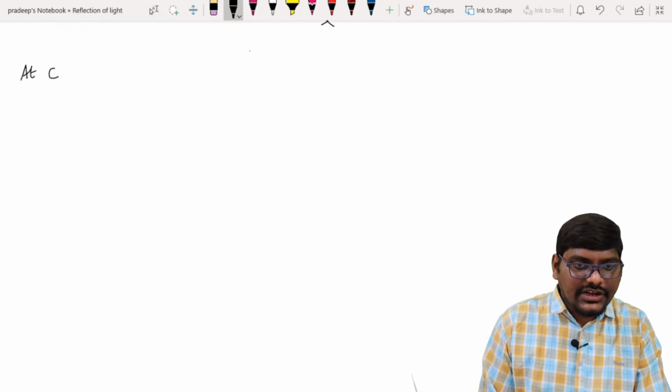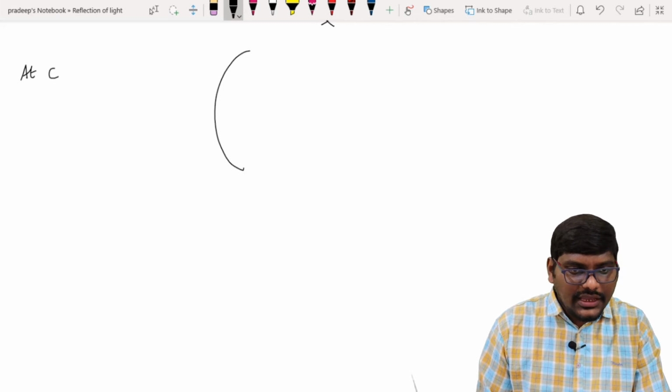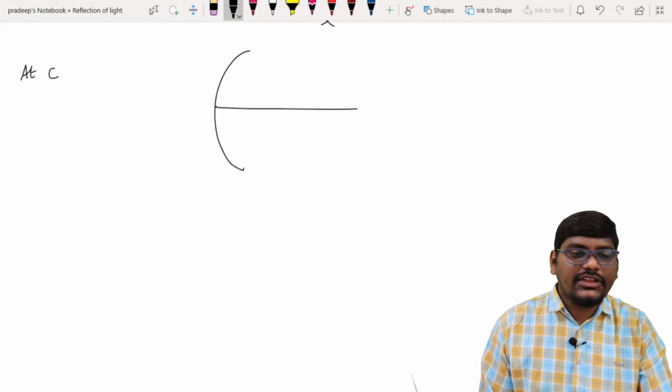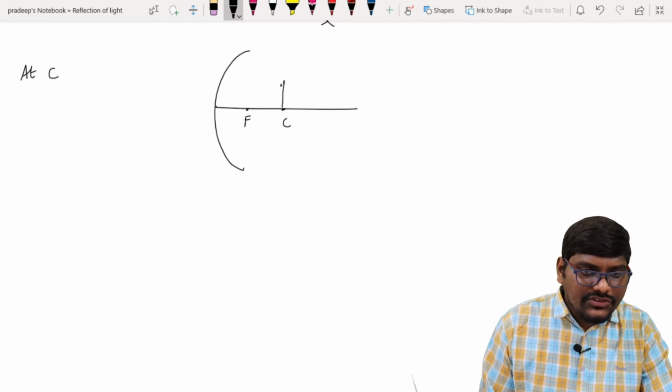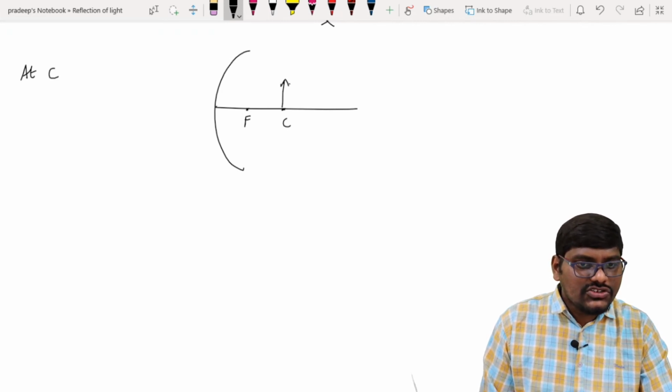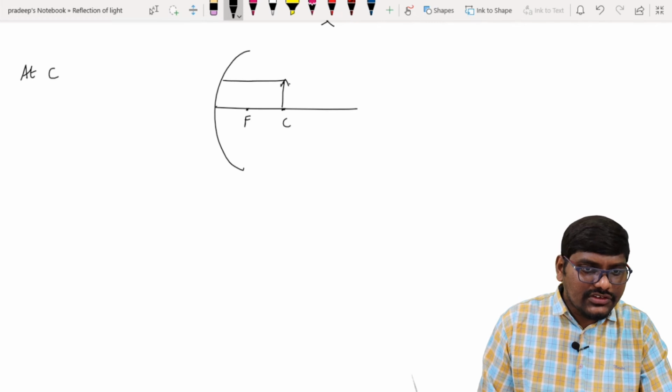So now we'll take the ray diagram. Again the principal axis, again the same thing, the center of curvature, and also we are taking the focus. Now we are keeping the object on the center, that is, the light on the center. So the ray is coming like this, touching the mirror, and passing through the focus.